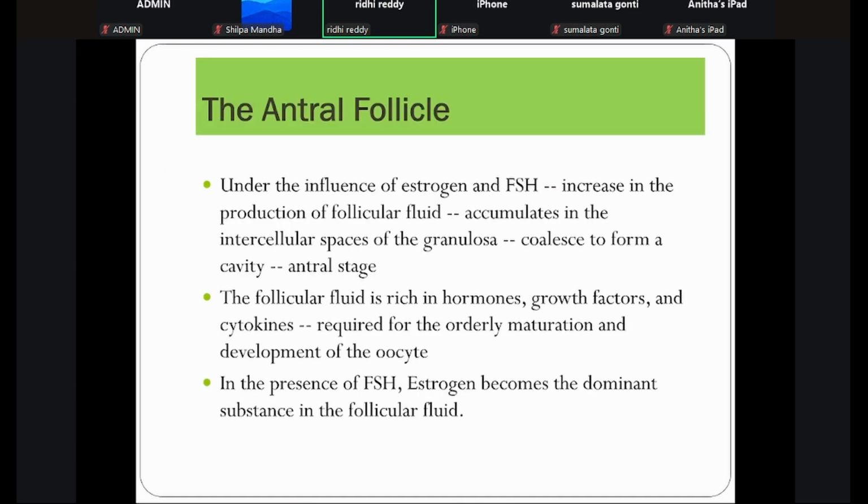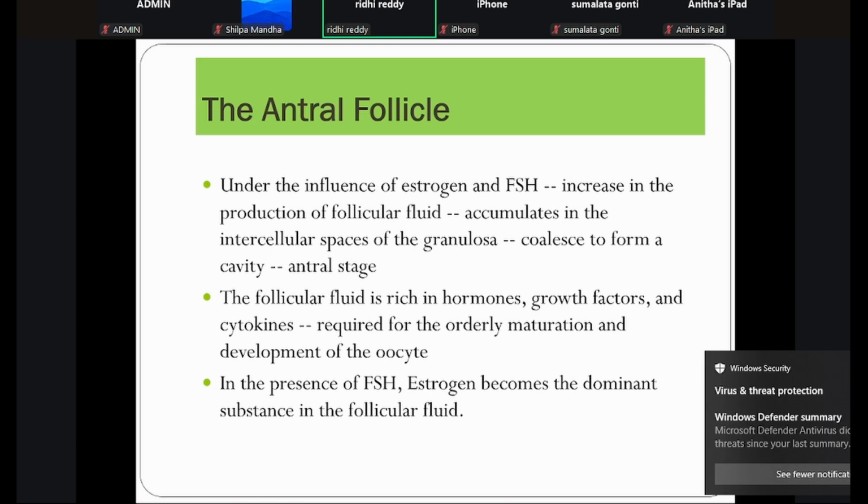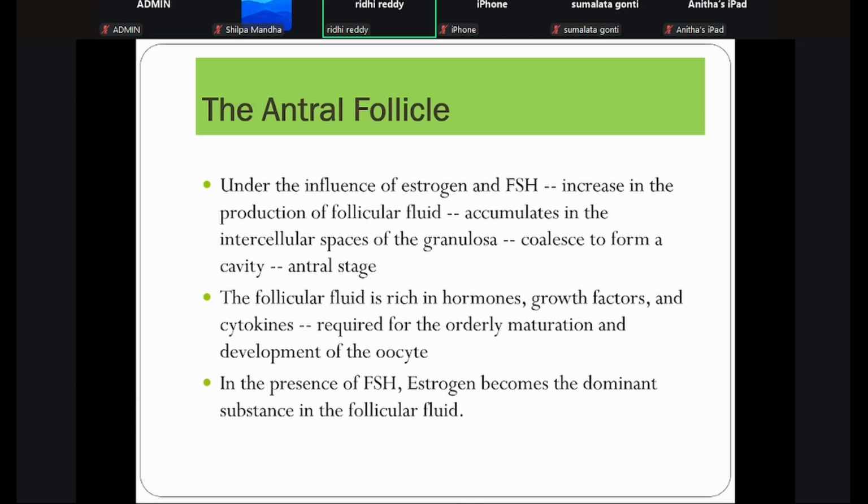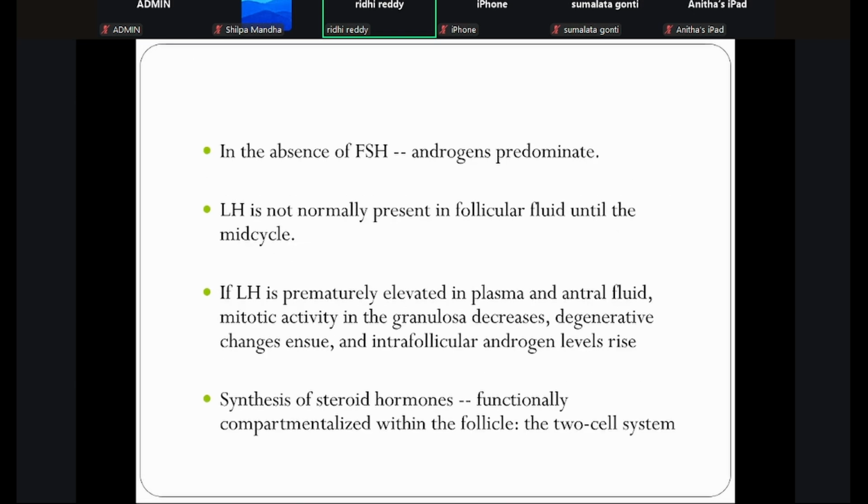Antral follicle. Under the influence of estrogen and FSH, there is an increase in the production of follicular fluid. This follicular fluid will coalesce to form an antrum. The follicular fluid is rich in hormones, growth factors and cytokines which are required for maturation and development. In the presence of FSH, estrogen becomes the dominant substance in the follicular fluid.